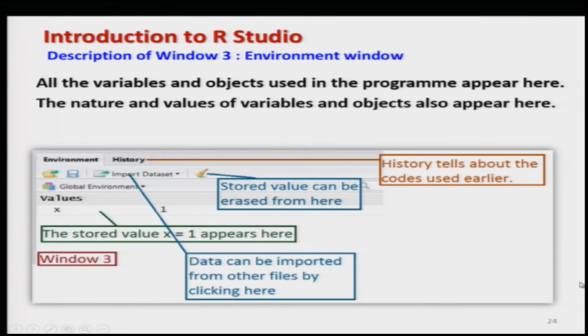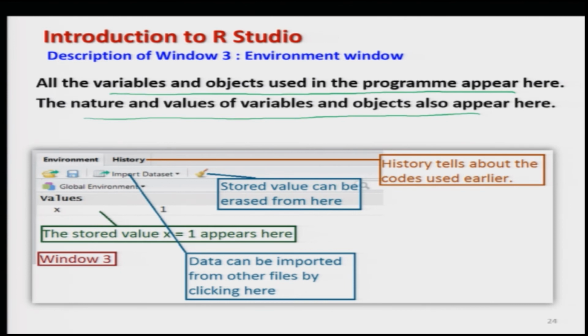Now, if you come to window number 3, this will give you information on different types of variables, different types of environment, and their associated information. All the variables and objects used in the corresponding program appear here. Their nature and their values also appear here.